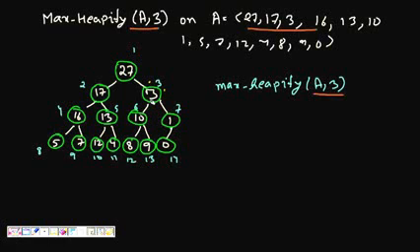We swap the value with the maximum among the children. So we swap 10 and 3. So 10 comes here and 3 goes here.